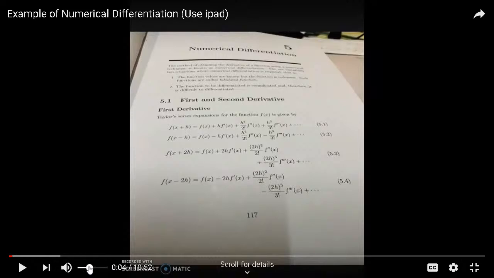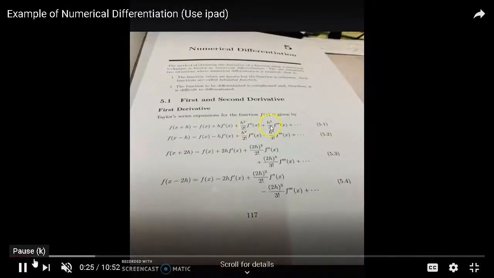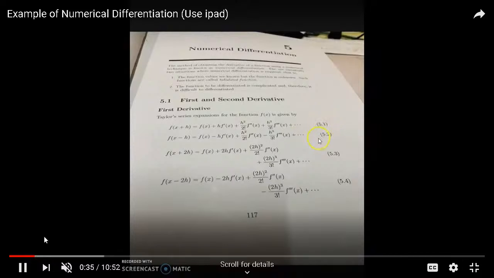Go to 5.1, 5.2, 5.3, and 5.4 to prove the first order derivative and second order derivative using the forward, backward, and center difference formula. We use formulas 5.1, 5.2, 5.3, and 5.4 to prove the center difference formula. For the center difference formula, just focus on 5.1 and 5.2.